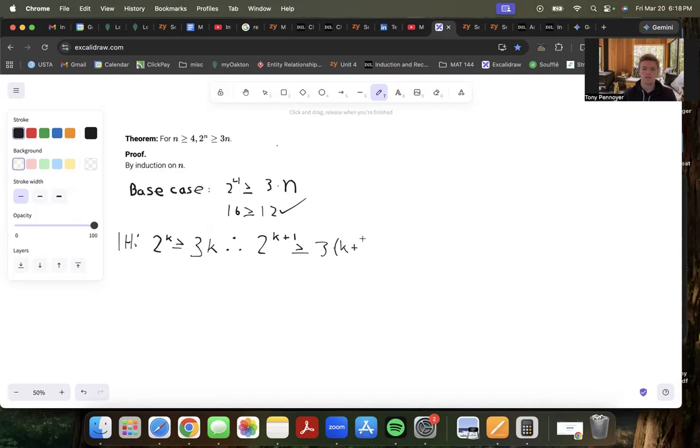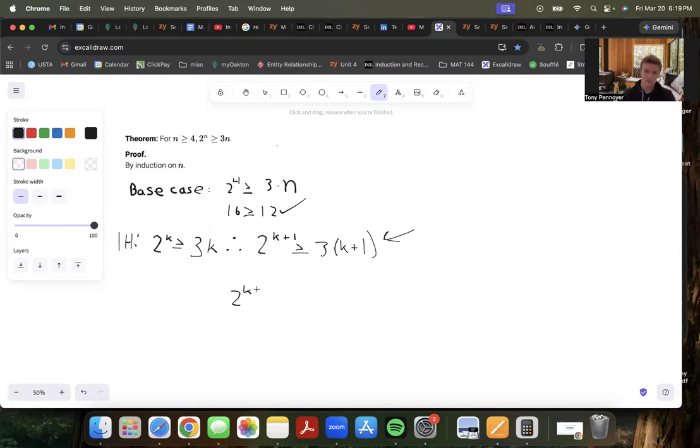We're going to be solving for this because once we break it down enough, it'll show us that this is true for any integer greater than or equal to 4. So for this one, I'm just going to focus on the left-hand side of the inequality.